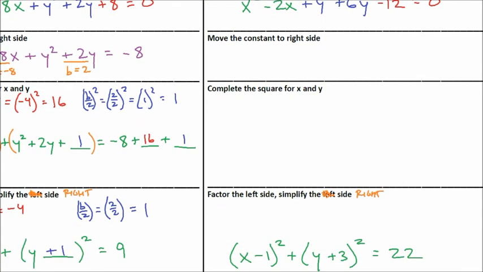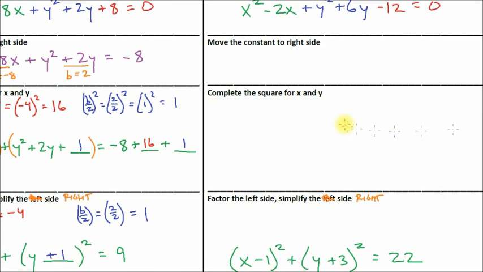When you complete the square for this equation, you're going to end up with b equals negative 2 for the x part. So b over 2 squared will be negative 2 over 2 squared, which will be positive 1. For the y side, you've got a b value of 6. That's going to be 6 over 2 squared, which is 3 squared, which is 9.